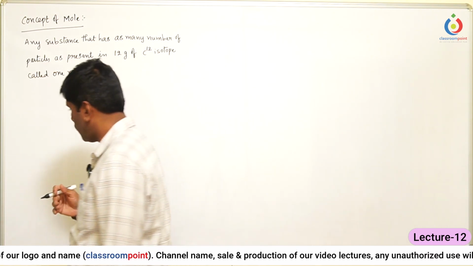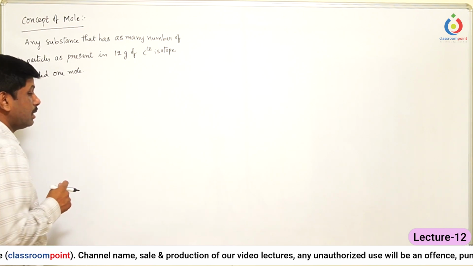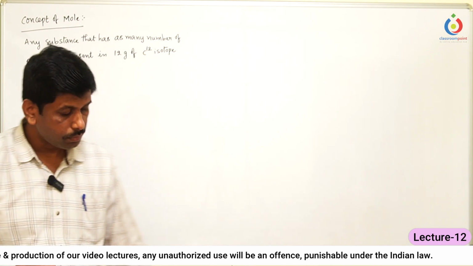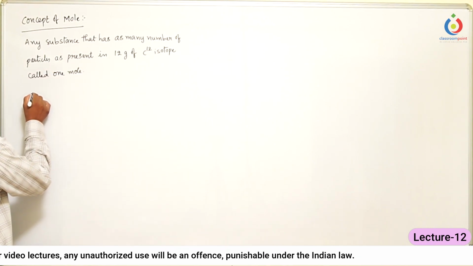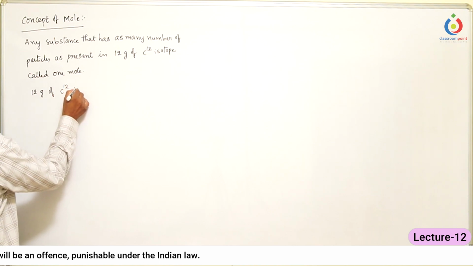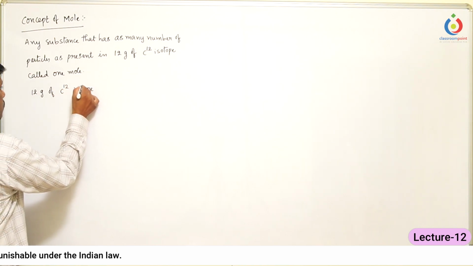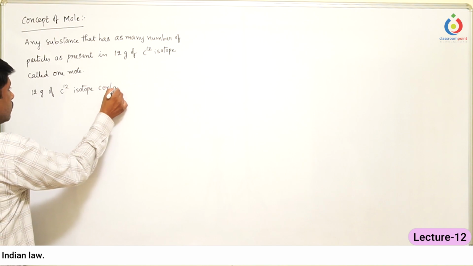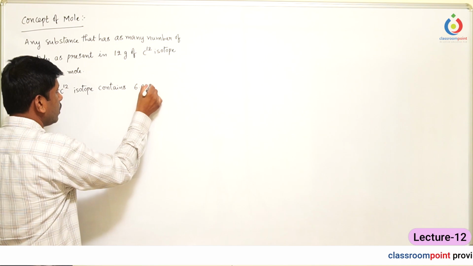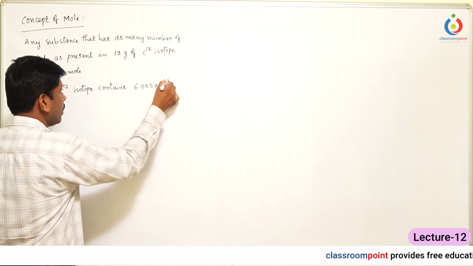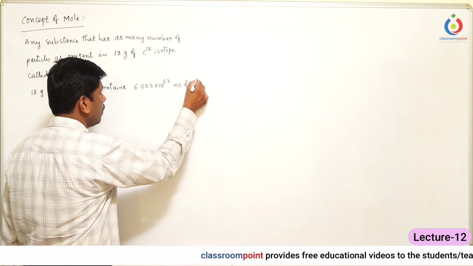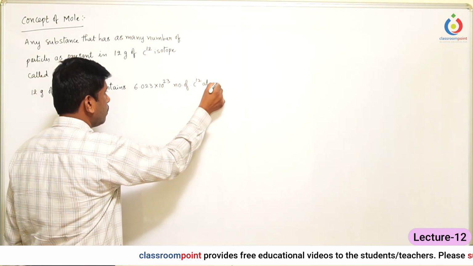Let us see how many particles are present in 12 grams of carbon-12 isotope. 12 grams of carbon-12 isotope contains 6.023 × 10^23 carbon-12 atoms.